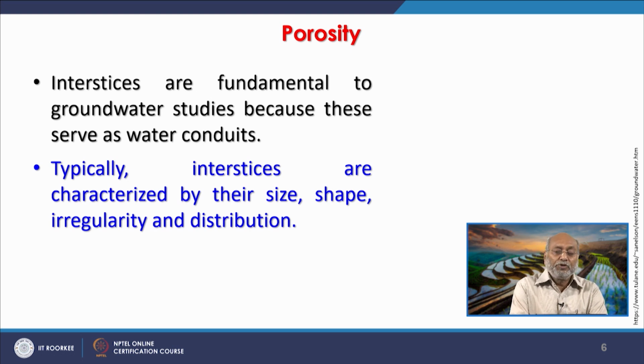So, it is almost the same kind of scenario as in the case of sediments or sedimentary rocks and grains. The size of interstices matters: if the size is large, you have better flow of water. Shape is also important. If it is just like a narrow tube, then definitely because of the surface tension of water, the flow would be less.